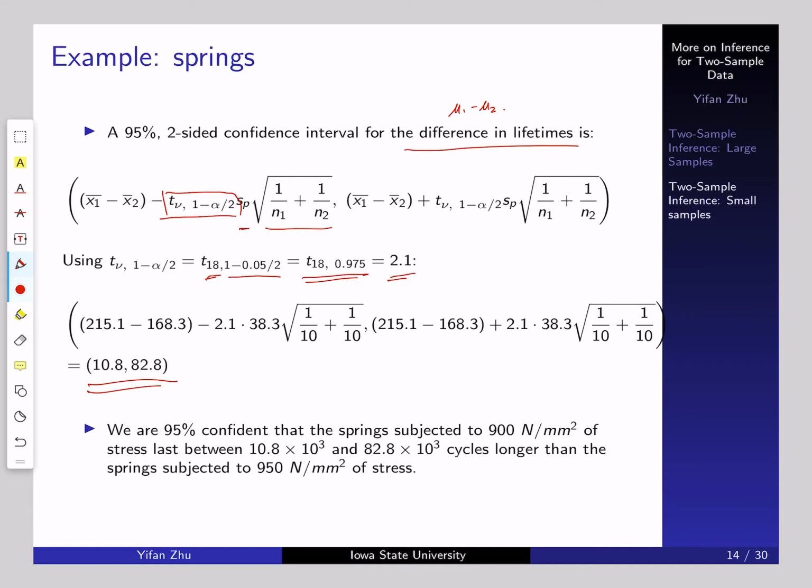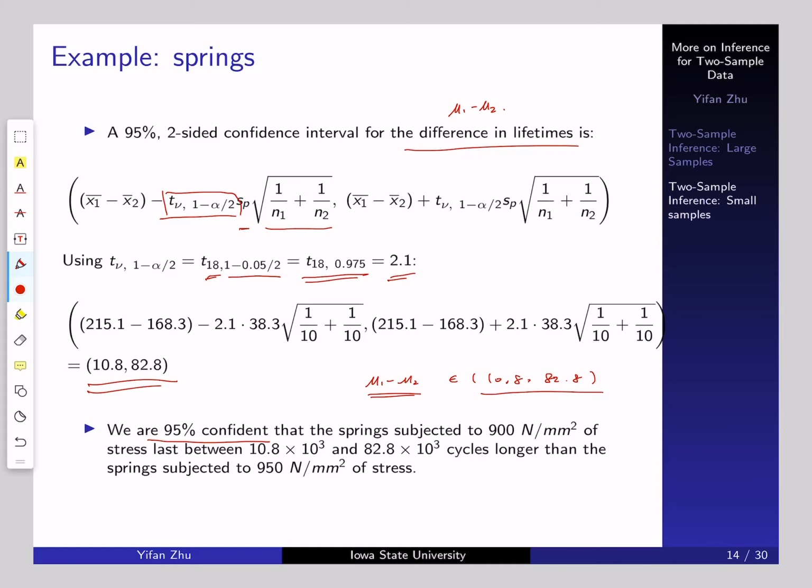And the interpretation would be that we are 95% confident that this difference is between 10.8 and 82.8, and mu1 is the 900 stress group, and mu2 is the 950 stress group.